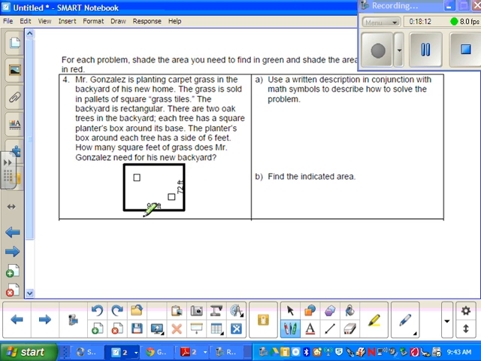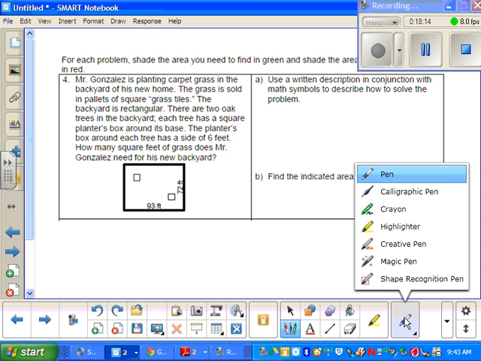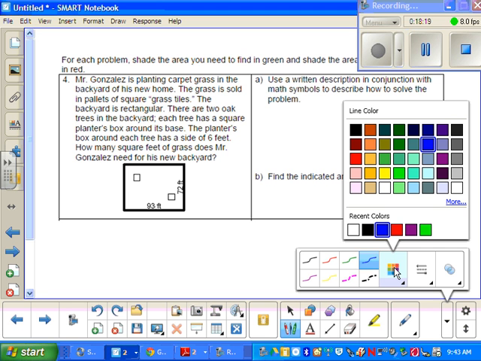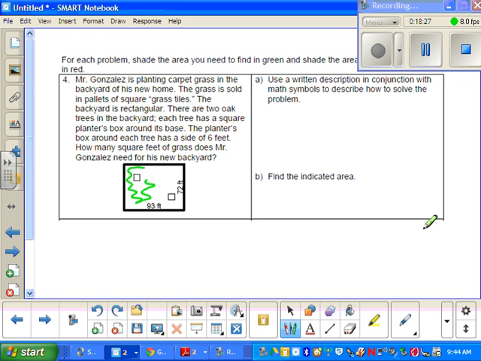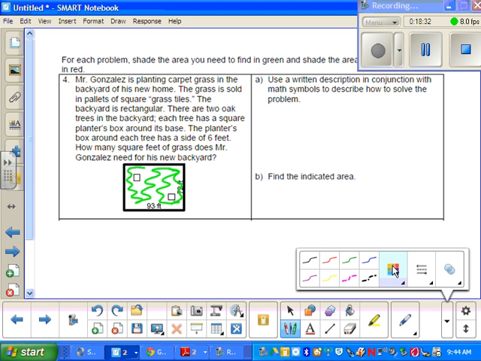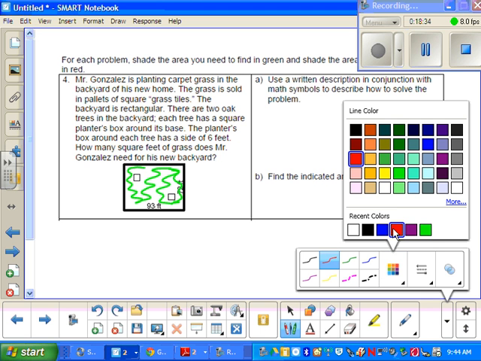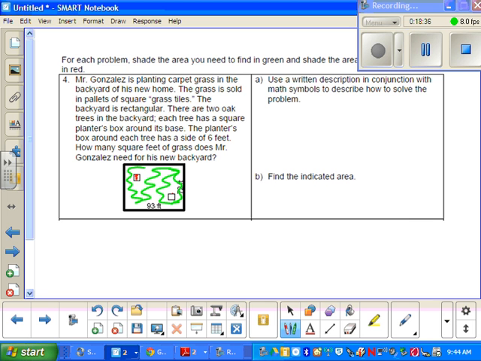On this one, we're going to take out 2 squares. This is somebody's lawn, and we're not going to mow it all. We have to mow around the boxes. So I need to find the area after I take away those boxes. His boxes are 6 feet squares, so that means I know all the sides are 6 feet of my little squares in there.